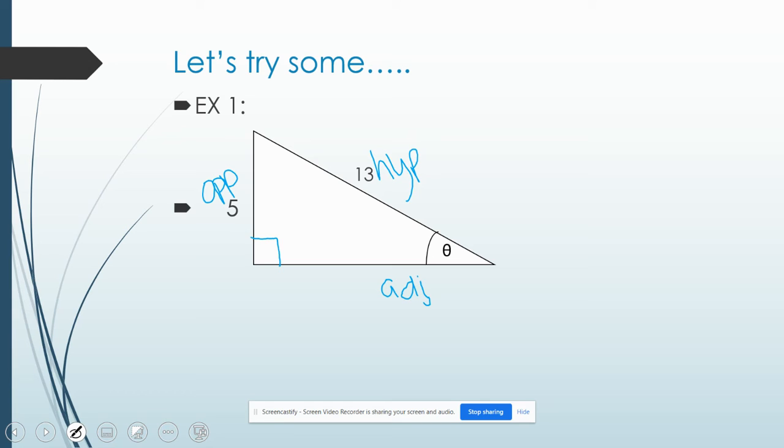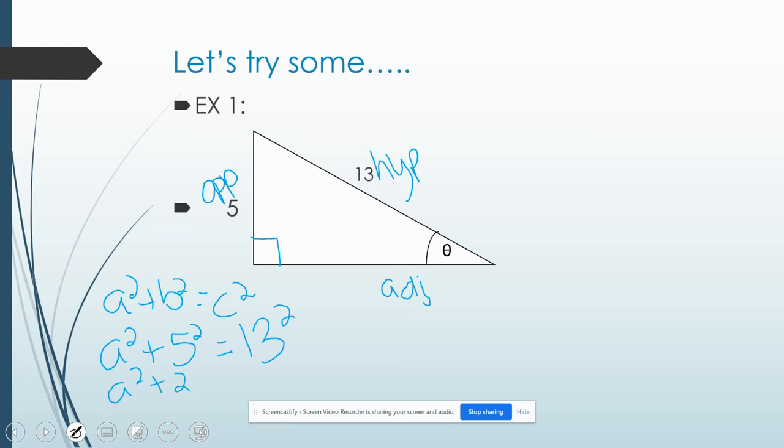Well, I don't know what my adjacent side is, so that's the first thing I have to start with. And how do we find the side length of a missing side? We use Pythagorean theorem. A squared plus b squared is equal to c squared. I need my adjacent side, so I'm going to leave that blank. 5 squared, and c is 13 squared.